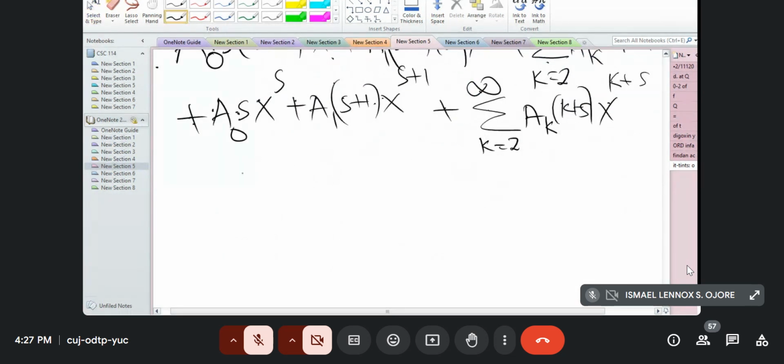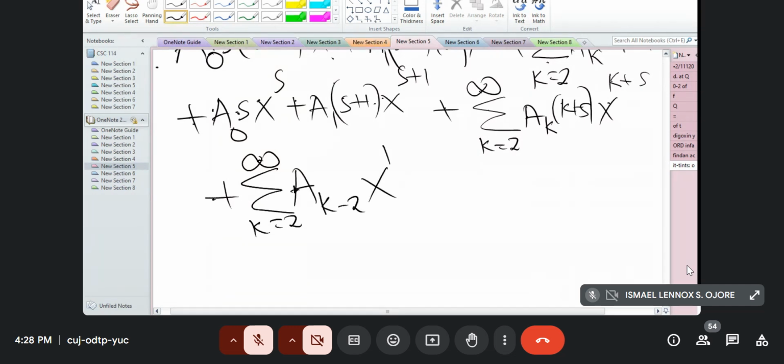The third term is in the right form. We are summing from k is 2 to infinity. What are we summing? A_(k minus 2) x to the k plus s.